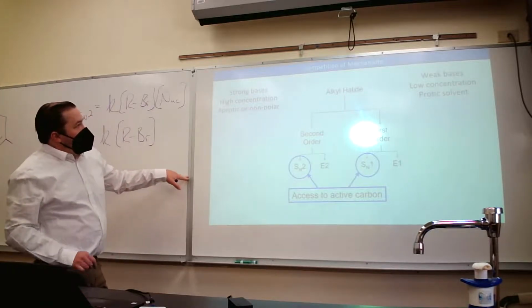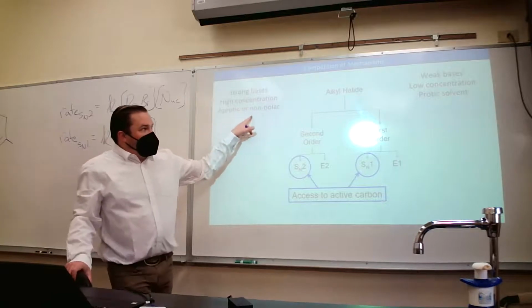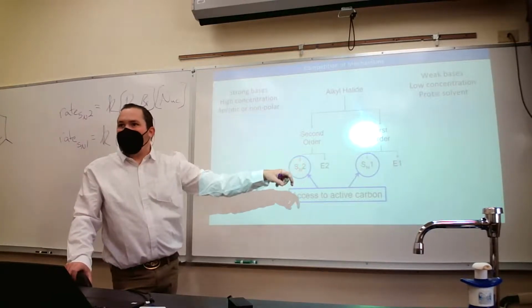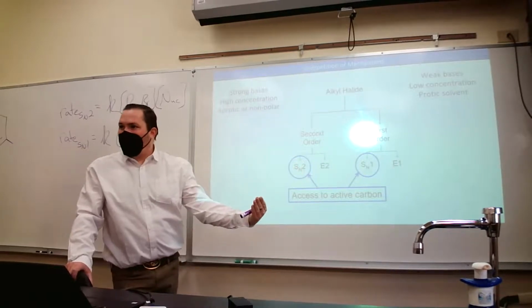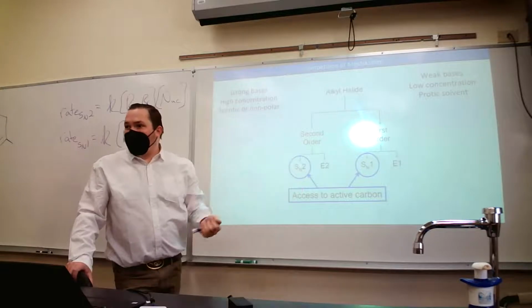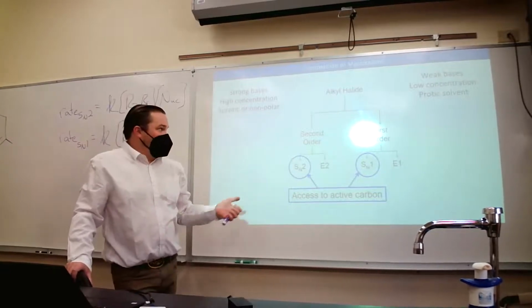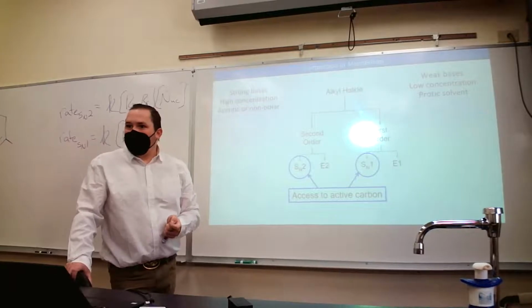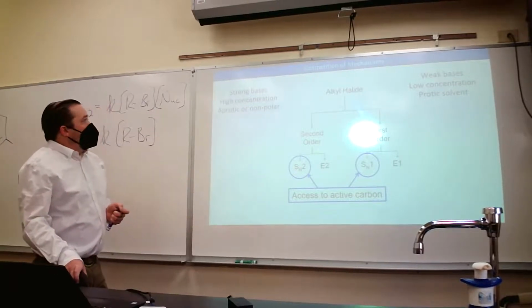If you're in an aprotic solvent or nonpolar, it basically won't go first order. First order reactions in general happen way slower because you have to make that unstable intermediate. And so if you're not stabilizing that intermediate with a protic solvent, basically the first order reactions won't happen.